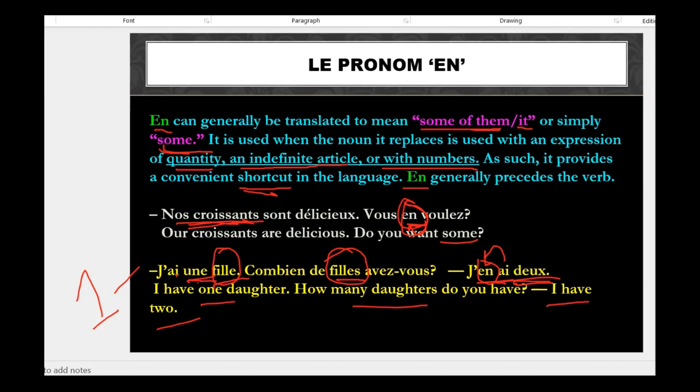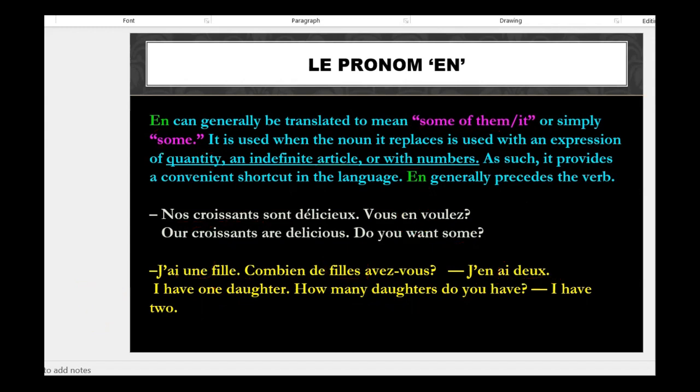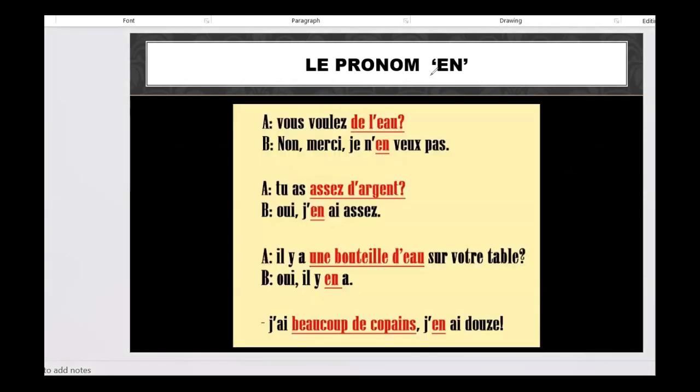Okay. Now we'll observe some examples. Now here, le pronom en. Vous voulez de l'eau? So I'm asking, do you want some water? So you'll say, oh no, I don't want any of it. Like, I don't want the water.